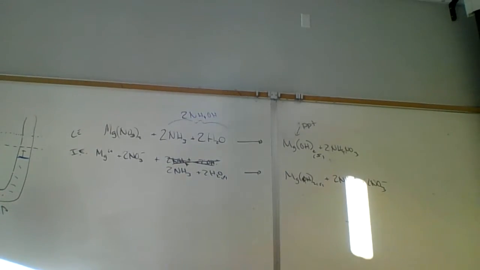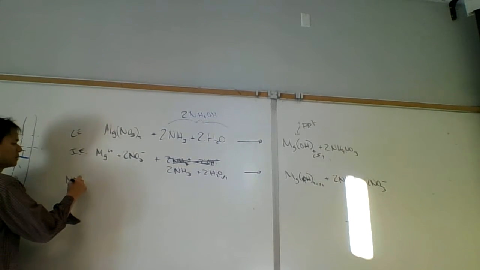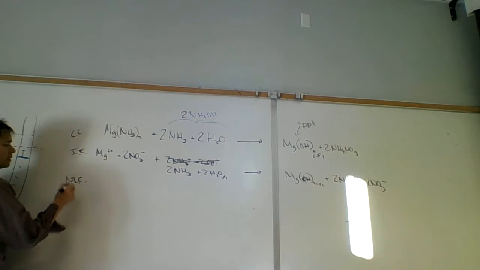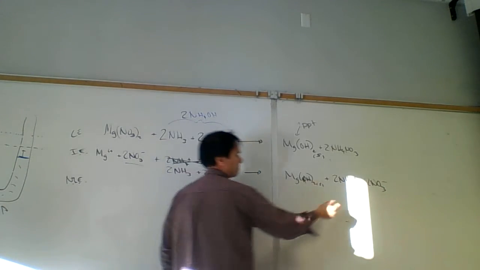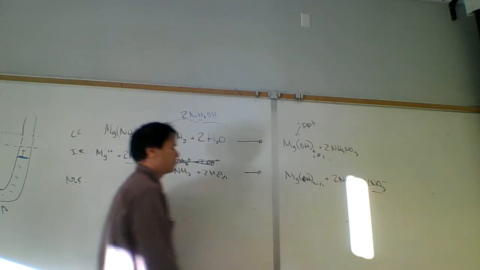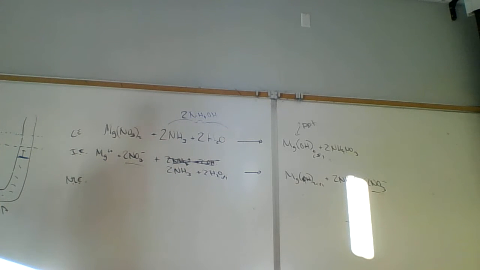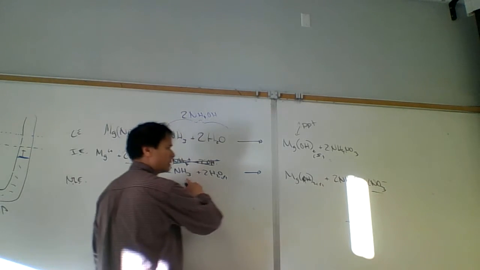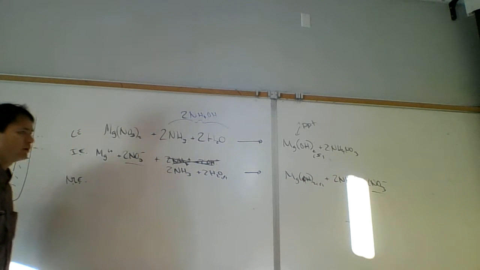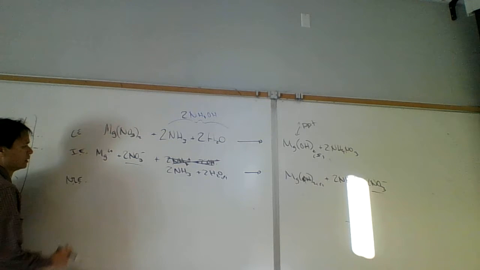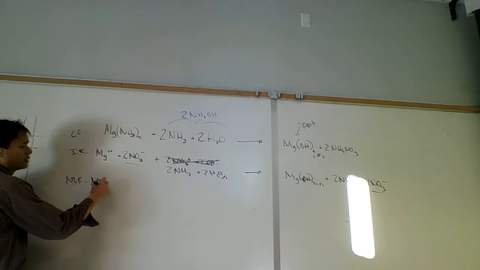The net ionic equation, we'll get rid of the spectators. What's a spectator? Nitrate. Nitrate. Any other spectators? No. Ammonia is not, because on one side we have ammonia, on the other side we have ammonium. Ammonia and ammonium are 2 different things. One's a base, the other is an acid.